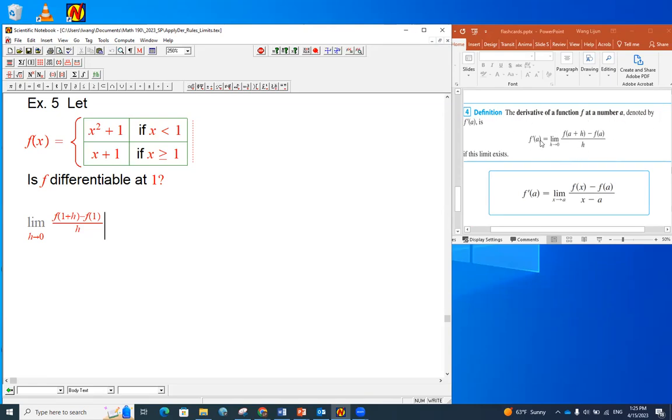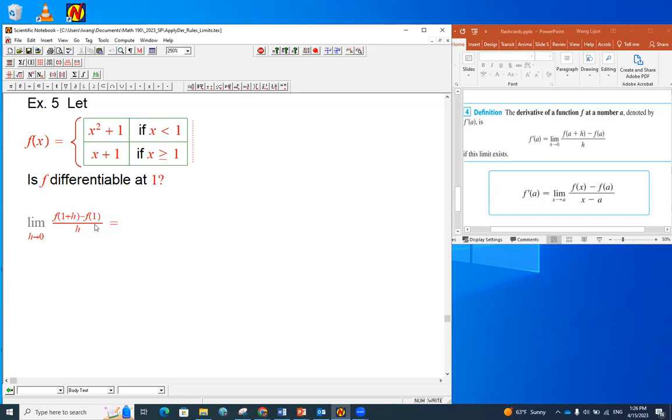If this limit exists, then the function is differentiable at 1. If this limit does not exist, then the function is not differentiable at 1. So the definition is still very important to determine differentiability of a function at any given point, if that point is questionable.